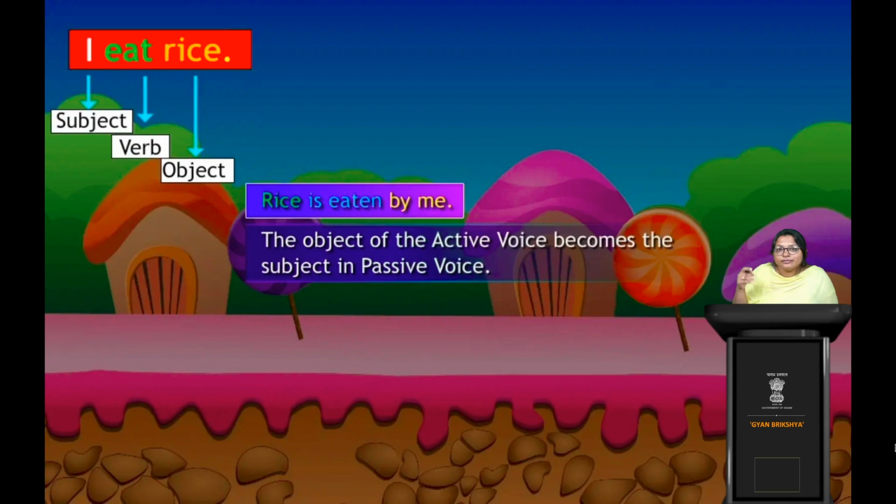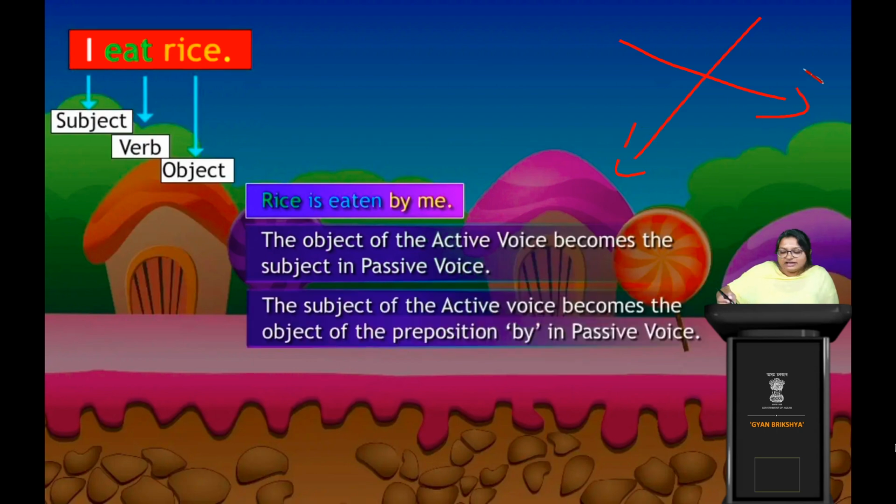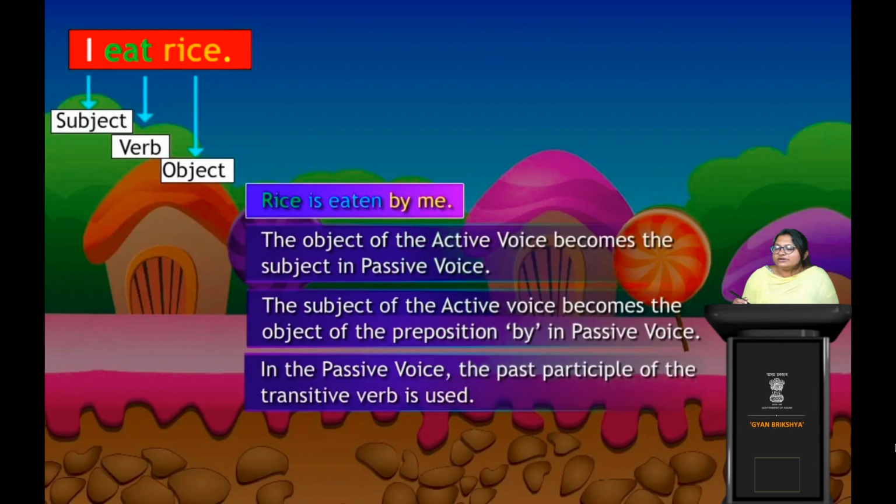If you remember this exchange, this shifting from one side to the other, you will see you will have no difficulty in changing voice. Clear? The subject of the active voice becomes the object of the preposition by in passive voice. America was discovered by Columbus. That is what it says.